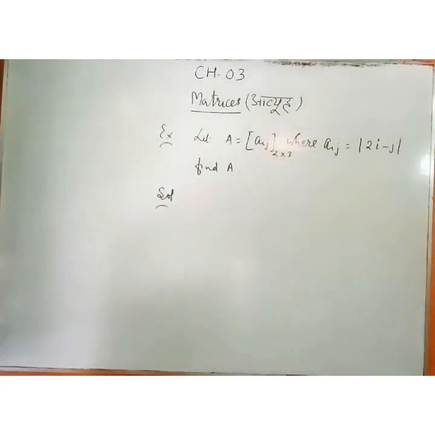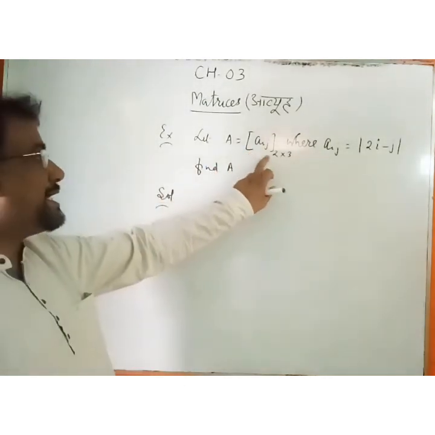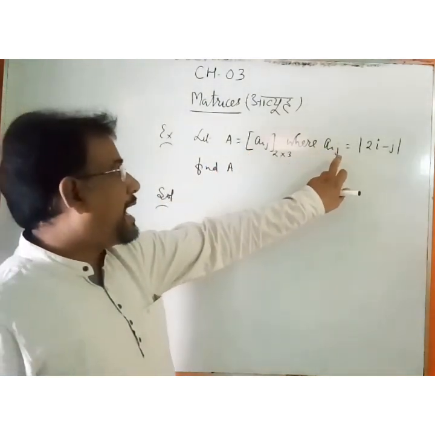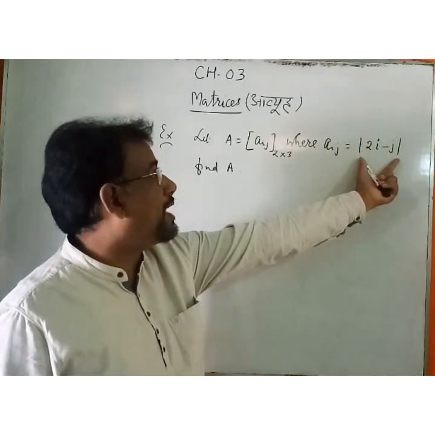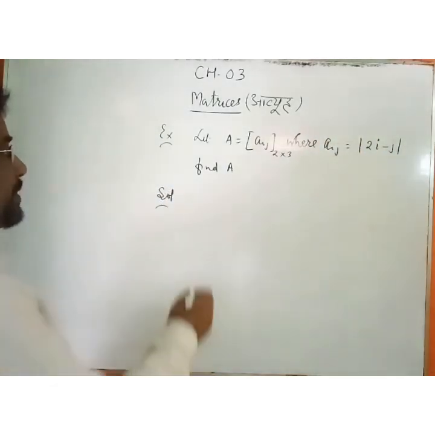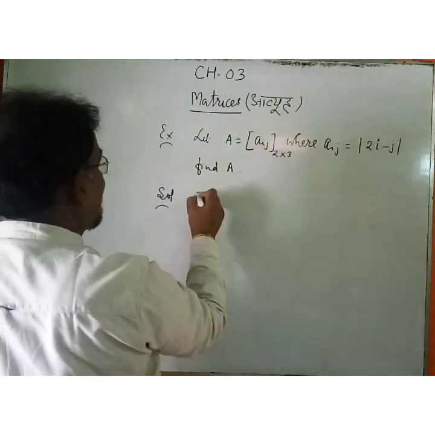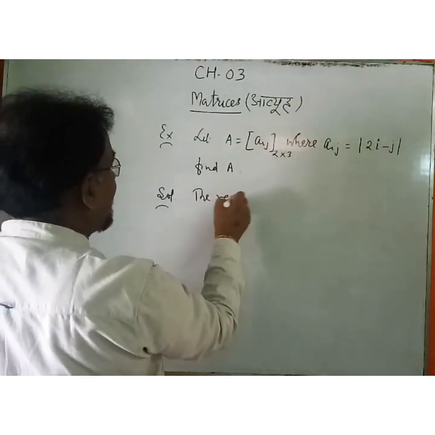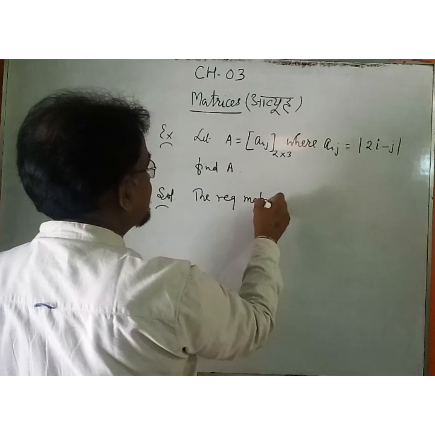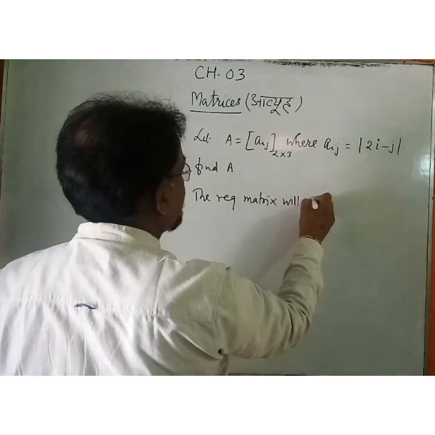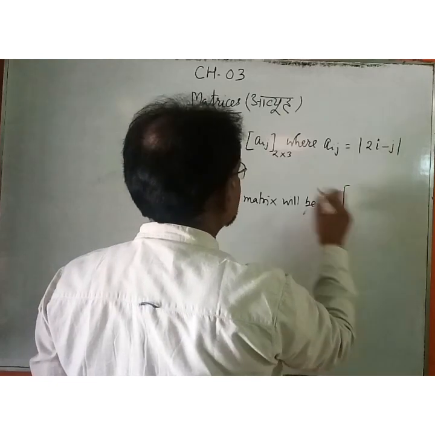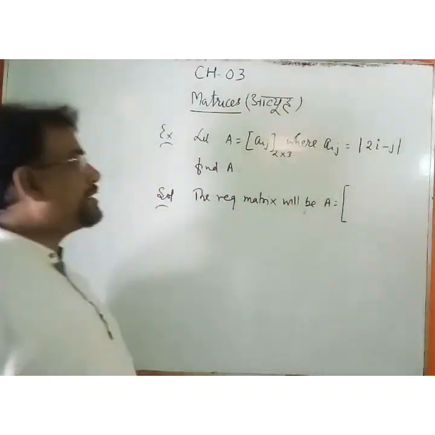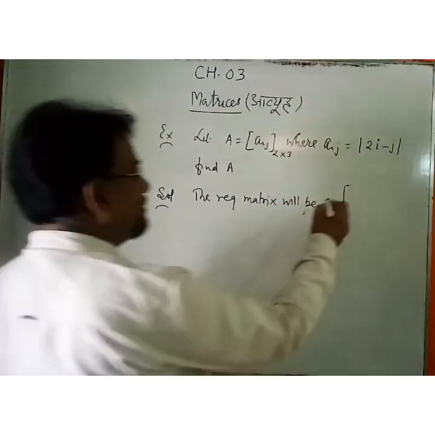So let us see, if the matrix is given in the form of Aij 2 by 3, and Aij has been specified by this formula, mod 2i minus j, let us see how we will find the matrix. The required matrix will be A is equal to matrix 2 by 3. 2 by 3 means 2 rows and 3 columns.